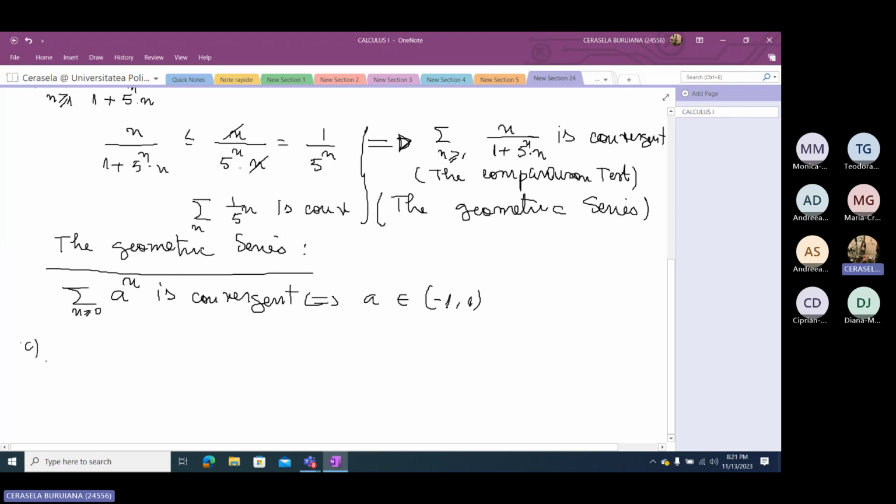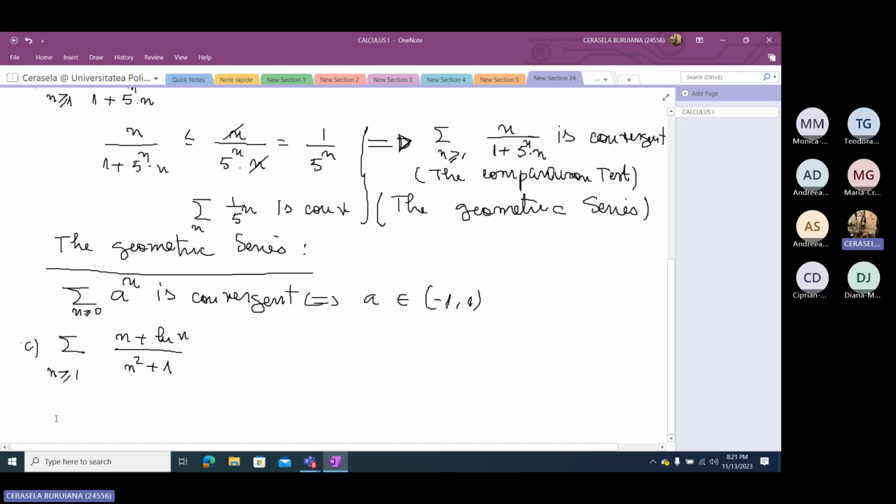Exercise C. I will take another series, for instance, the series of general term n plus the logarithm of n over n squared plus 1. Okay, let's see what we can do for this series.